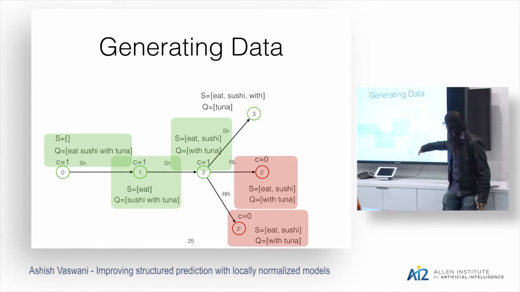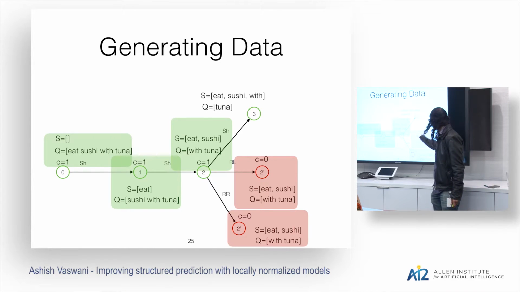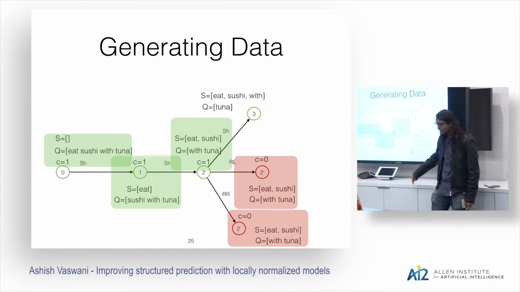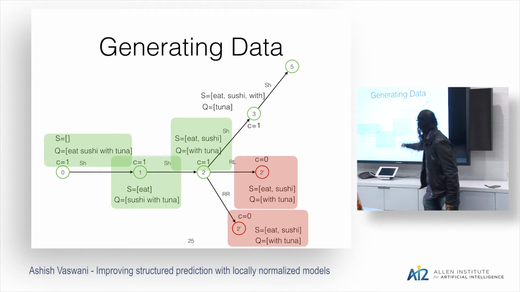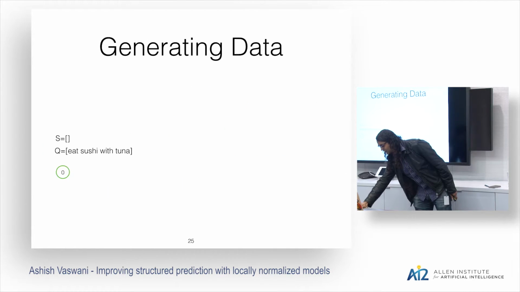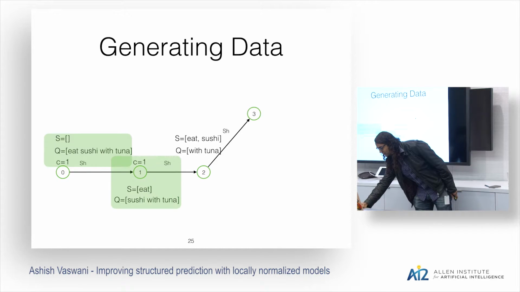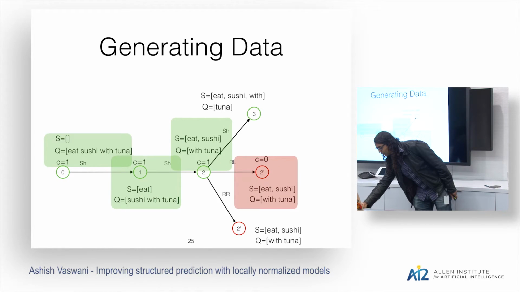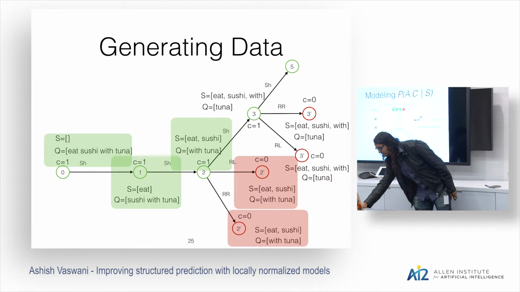For every correct state, we manufacture a bad state and we label it as 0. Notice that there's no action here. There's only a class label. And again, here's the right action, and for every correct state, we manufacture bad states, and we extract. That's how we extract these tuples for this scenario, where we're modeling class, action, and state.